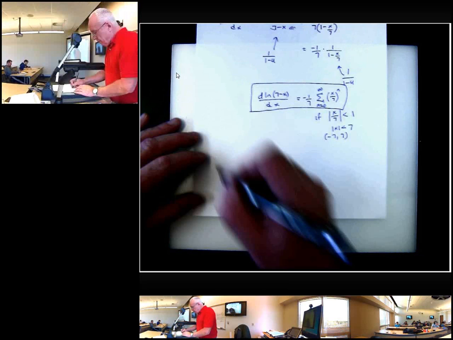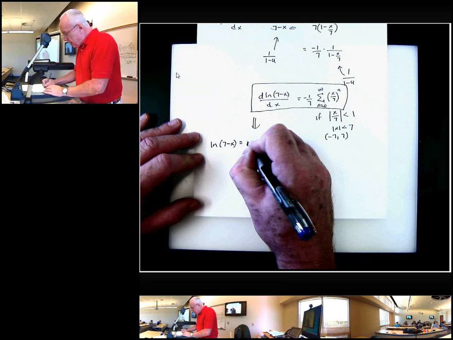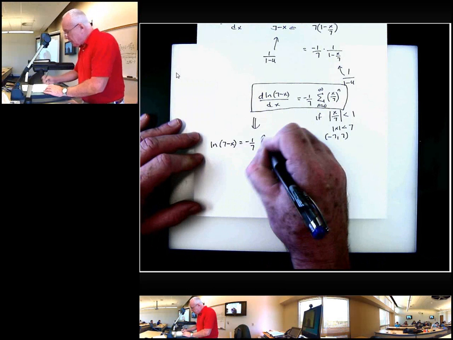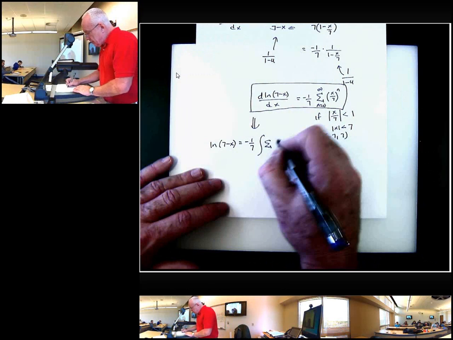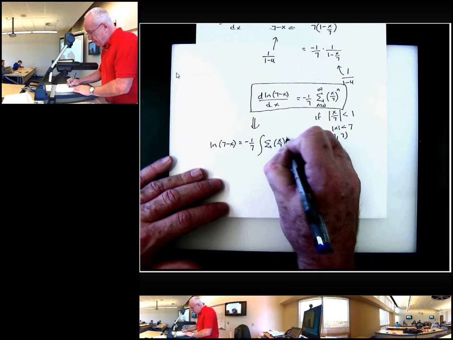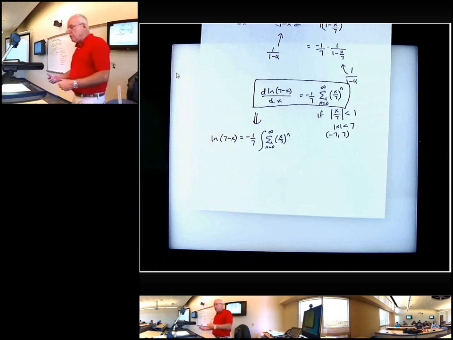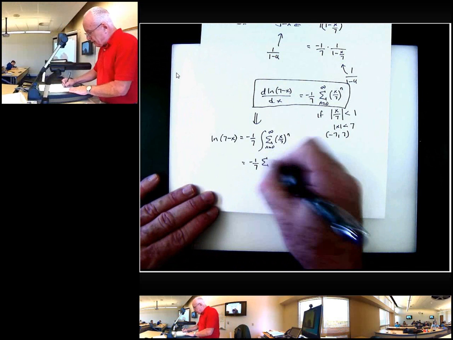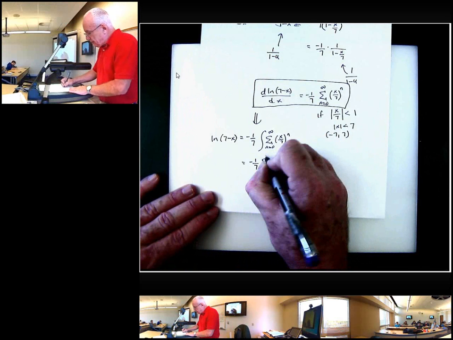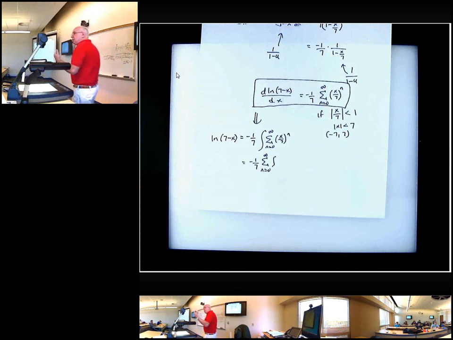So therefore, ln of 7 minus x is going to equal minus 1 over 7 times the antiderivative of this summation of (x over 7) to the n power. And again, we can do this term by term, so I can put that integral sign on the other side of the summation, and I want to rewrite the integral also to make life a little bit easier for myself.